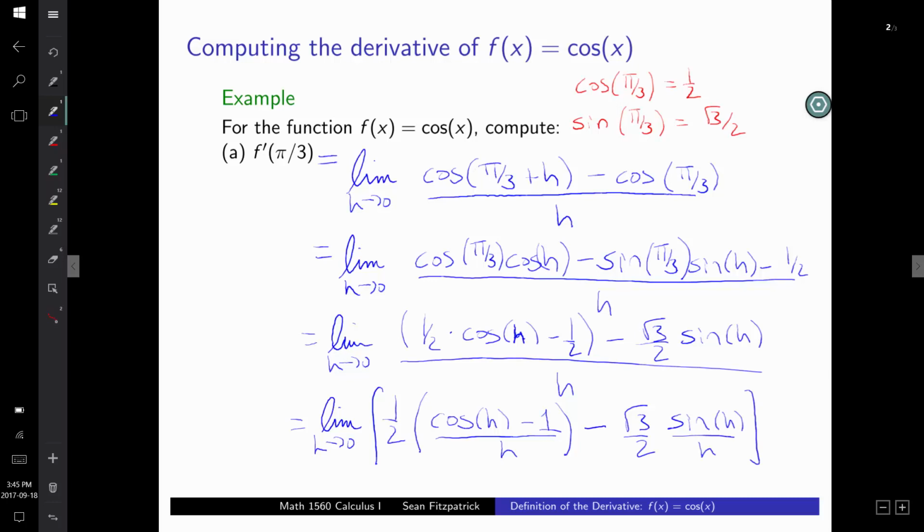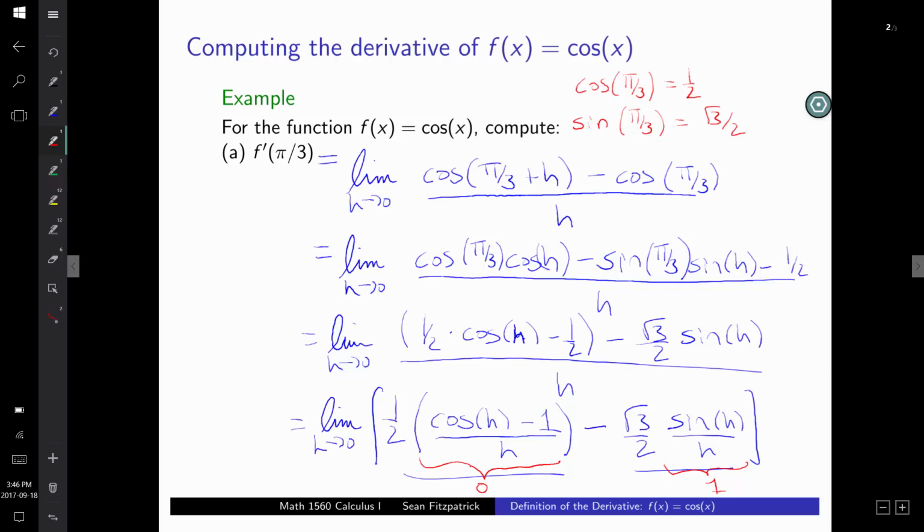Of course now the limit properties tell me that I can take the limit of each of these two separately. I can take the limit of this minus the limit of this, and I also know that I can pull out these constants. The other thing that you need to know is that this limit, and we did this one in the trig limits video, we showed that this limit is 0, and of course we know that this limit is 1.